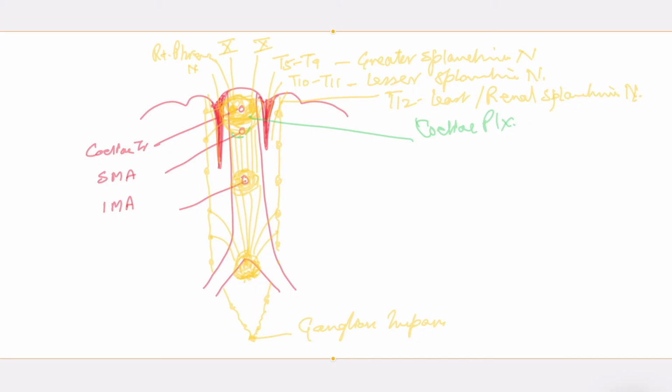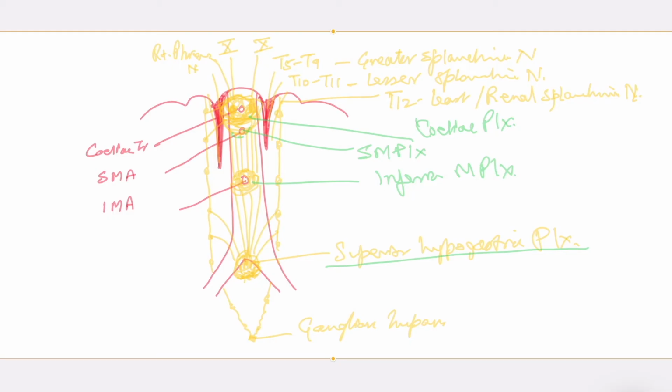This plexus is called the superior hypogastric plexus. This one here is called the superior mesenteric plexus. This is the inferior mesenteric plexus, and the plexus anterior to the abdominal aorta is called the aortic plexus, also called the intermesenteric plexus.